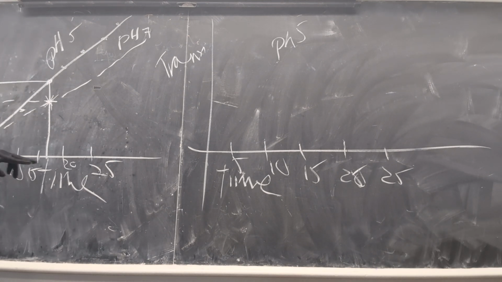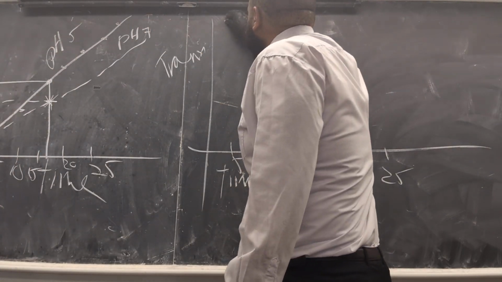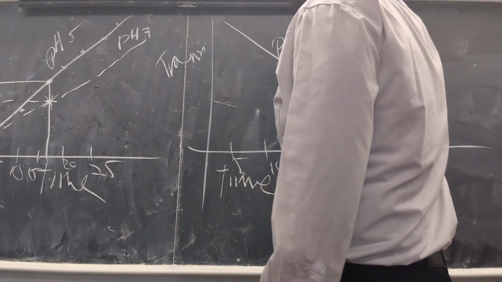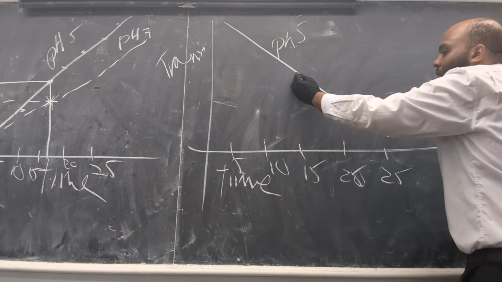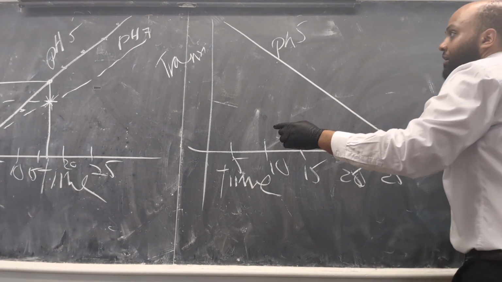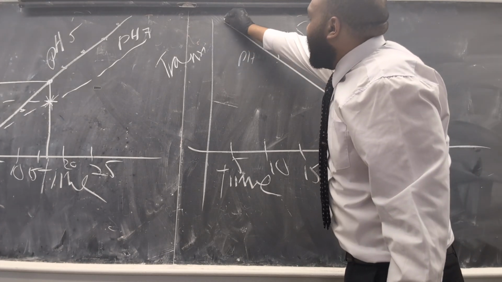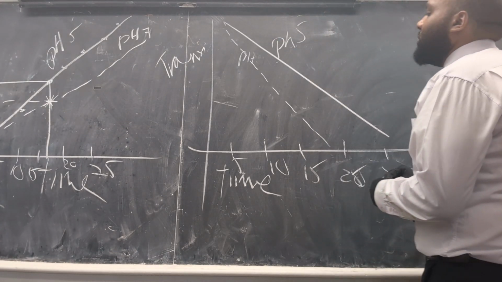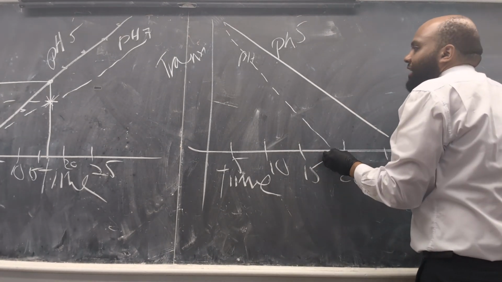And for the transmittance also, we see that we begin at 5 minutes with so much transmittance, and at pH 5, the more time goes, the less we transmit. For pH 7, we're going to see something like that. So what does that show you? That as time goes on, we do transmit less.